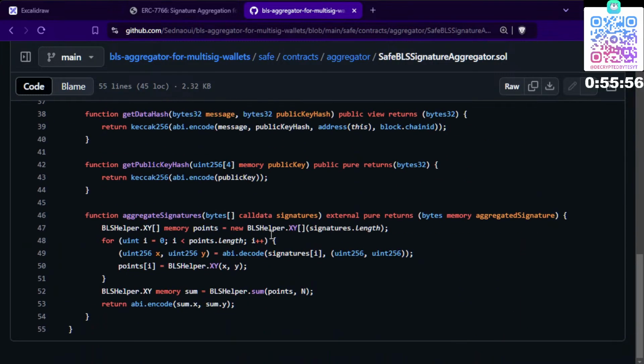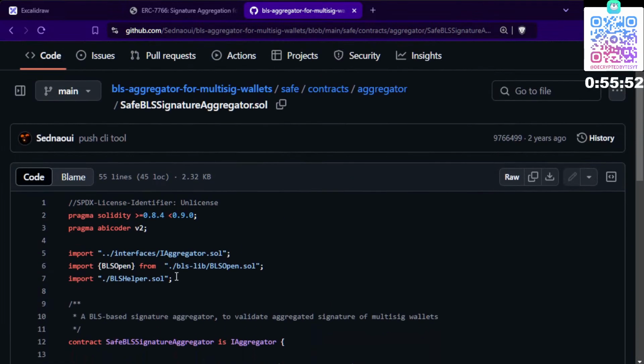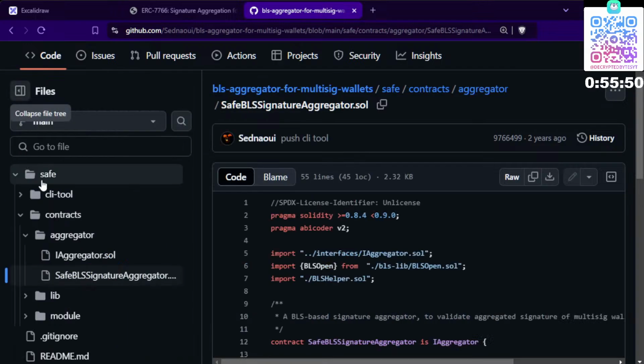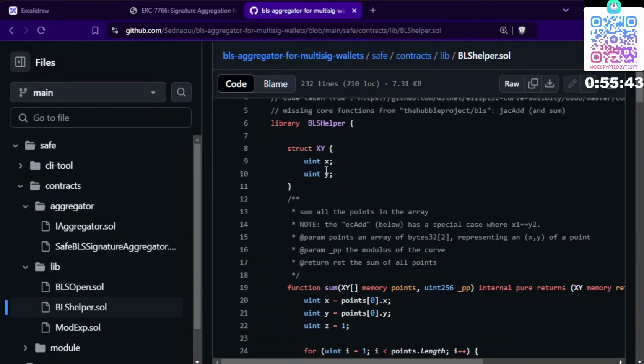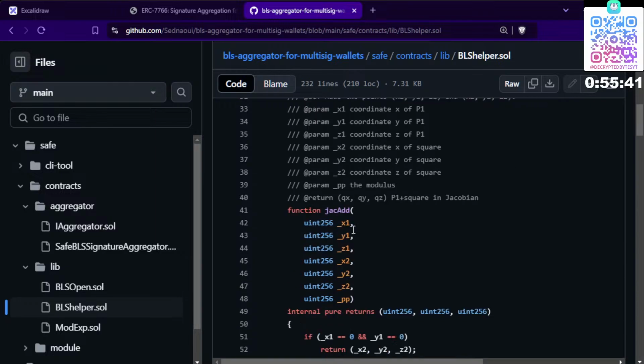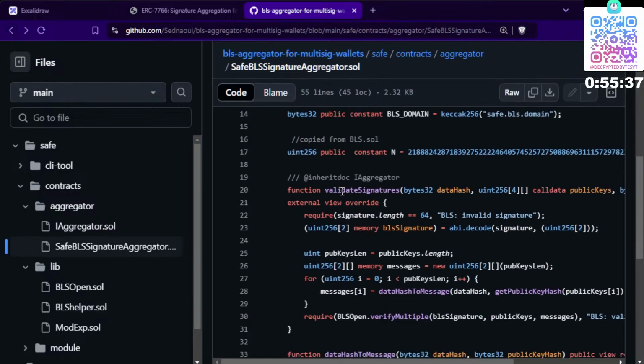So for aggregation, it's BLS helper lib, BLS helper, struct sum, go back.